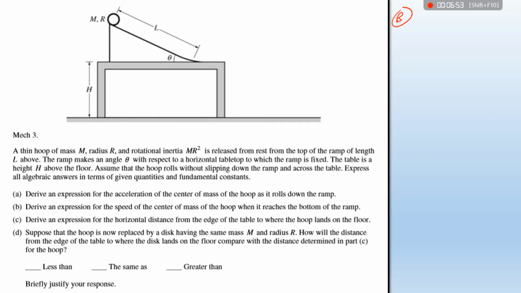Okay, if I'm going to use energy, how are you going to use it? mgL sine theta is equal to half mv squared plus half I omega squared. Okay, I think that would work, but there's an easier way. Is there any way we can use kinematics?